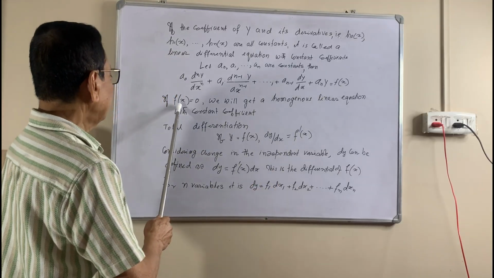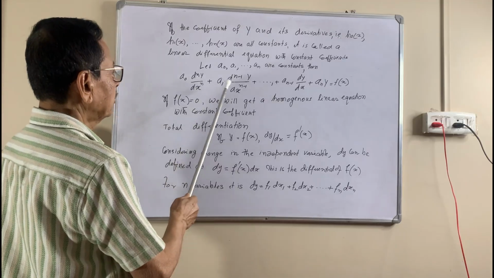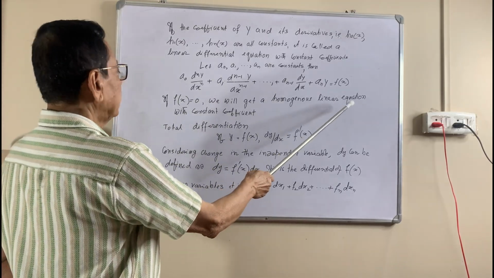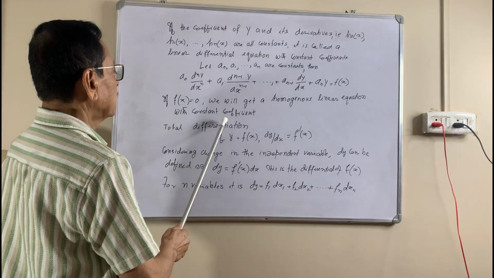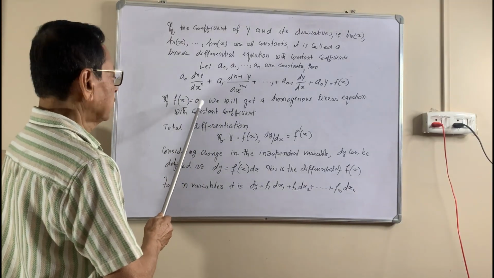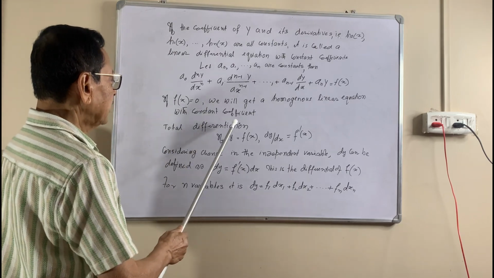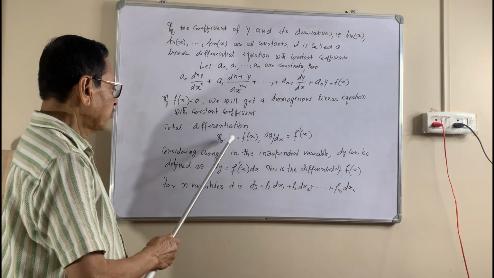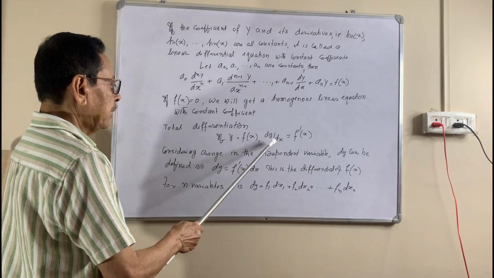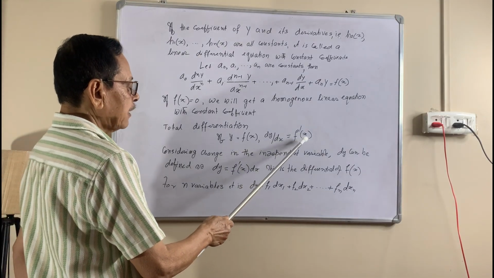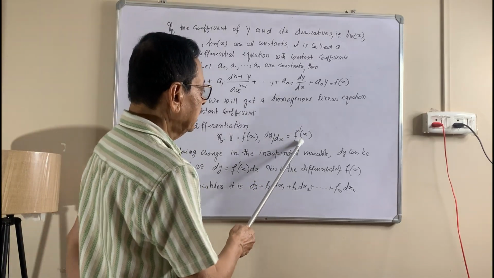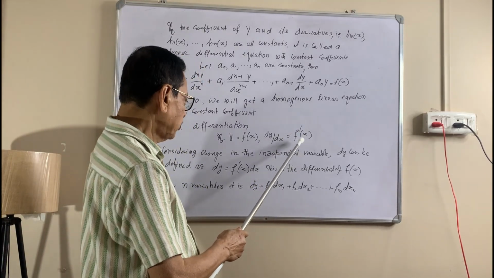So if f(x) is equal to 0, suppose this is equal to 0, then we will get a homogeneous linear equation with constant coefficients. So f(x) must be 0. Now total differentiation. If y is a function of x, dy by dx is equal to f prime x. f prime x means this is the first derivative with respect to x.